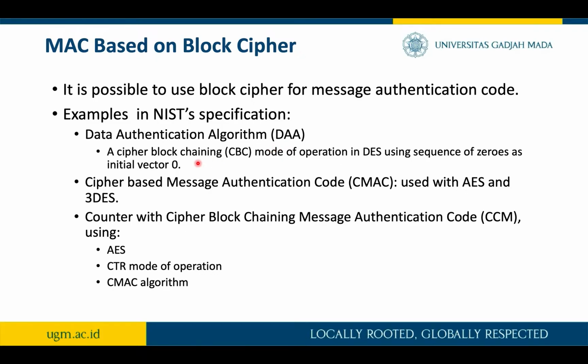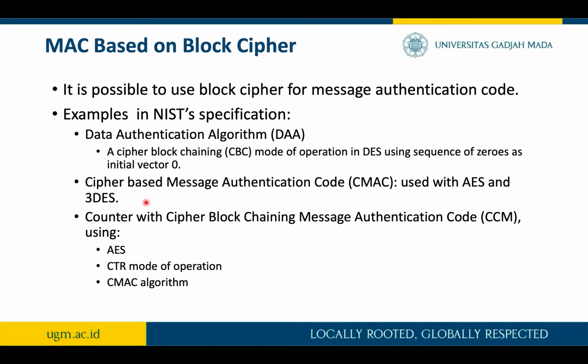DAA here uses the cipher block chaining, or CBC, mode of operation, and the block cipher algorithm to be used is DES. And the initial vector is a sequence of zeros.